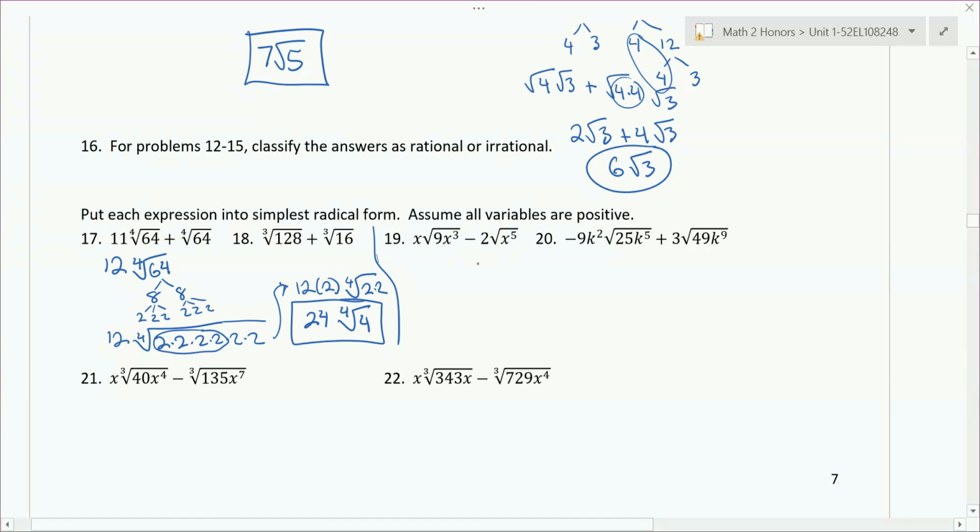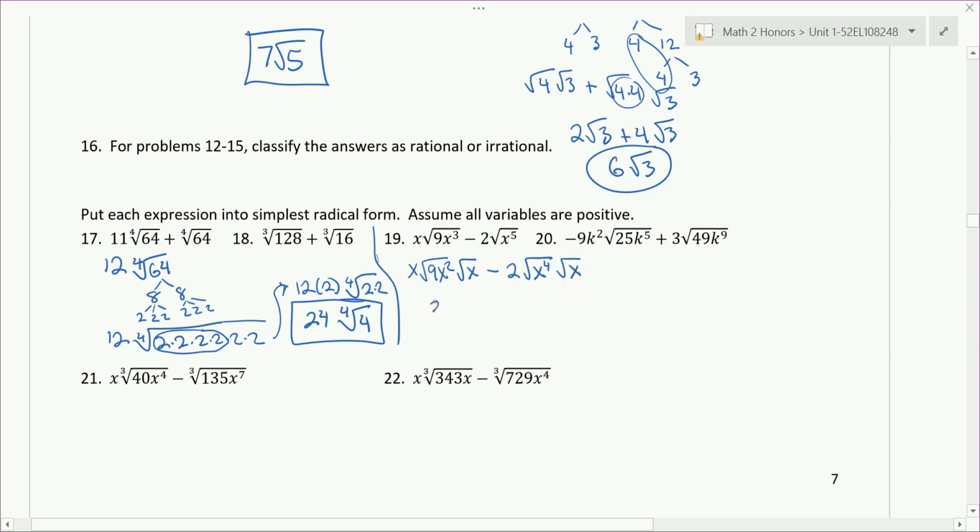Number 19, we have, in the first expression, we can take the square root of 9, and we can take the square root of x squared. So we have 3x times the square root of x, minus 2 times the square root, I'm going to split it up, x to the fourth, and square root x.